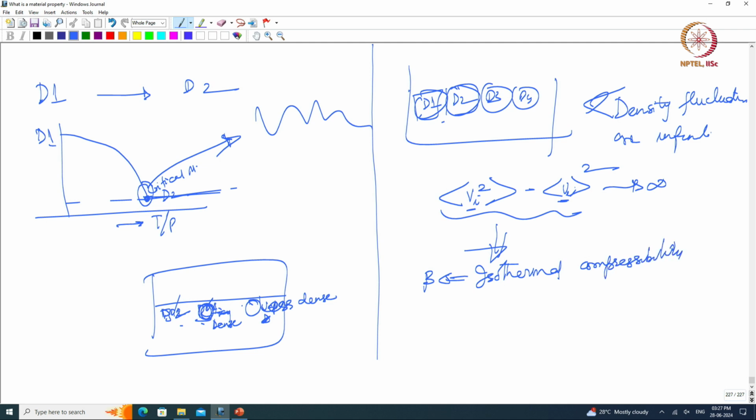Again another thermodynamic property. It is defined as how much volume can you change by applying pressure, right. So, if it is very compressible, this value is very large, okay. Actually it is minus 1 by V of this, right.